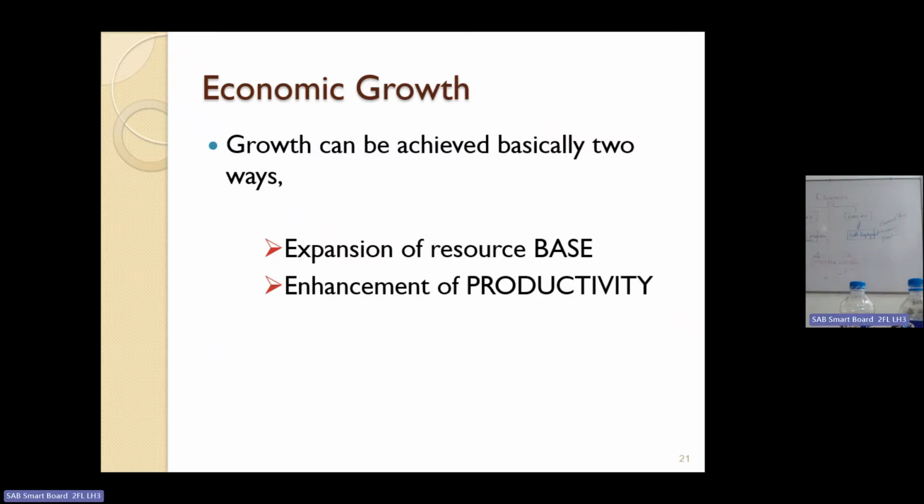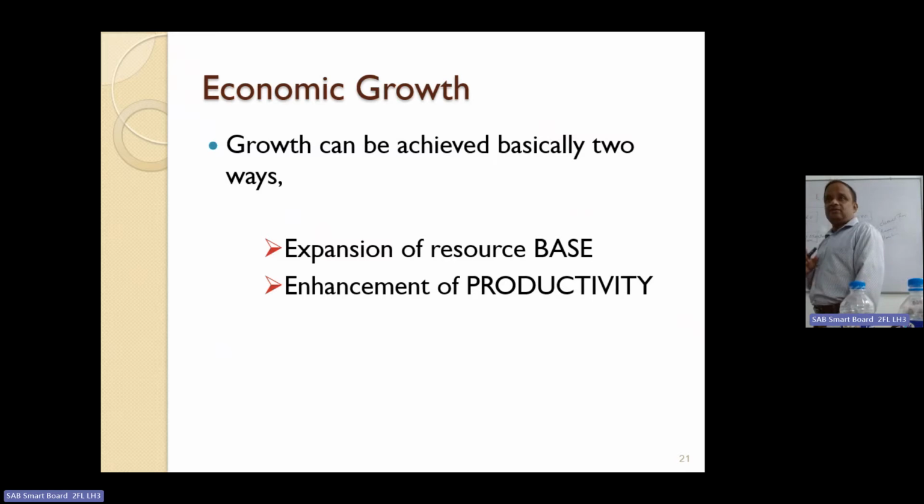From the PPC diagram, if there is an expansion of the resource base, there is a shift. That increases the resources, the factors of production and the technology. If there is improvement in that, our production capacity increases. Shifting implies that the productive capacity increases.